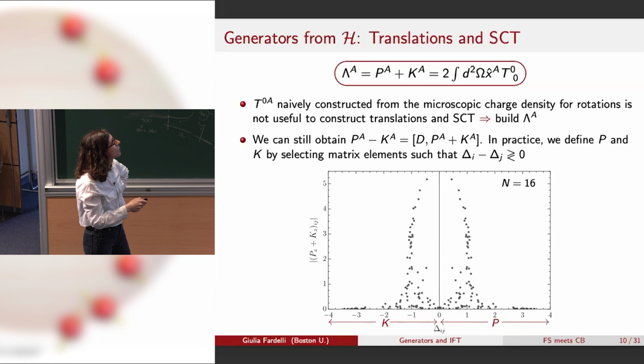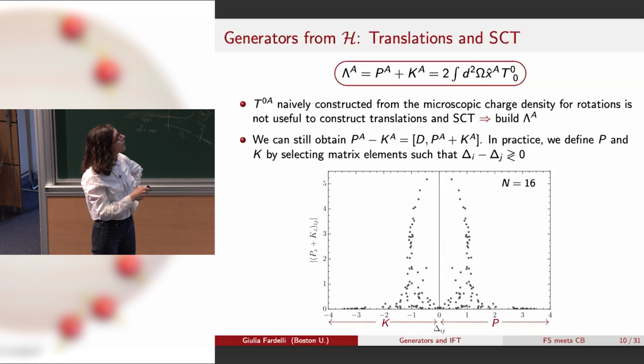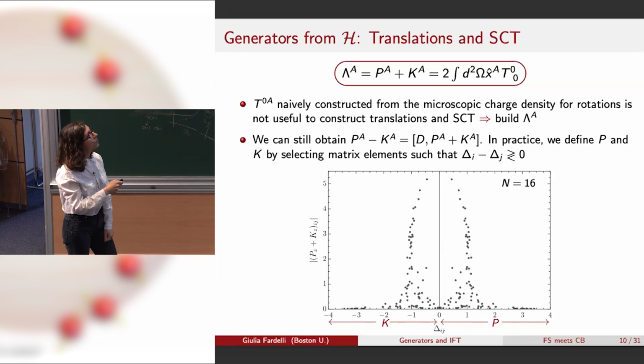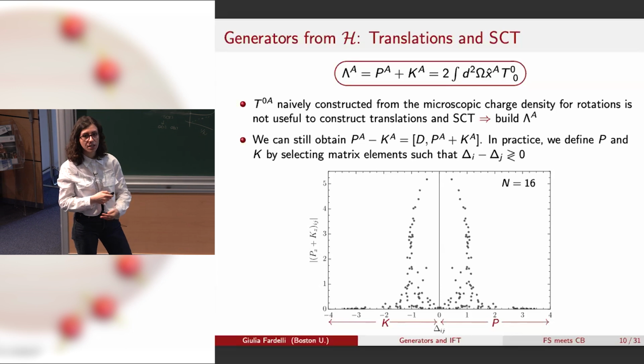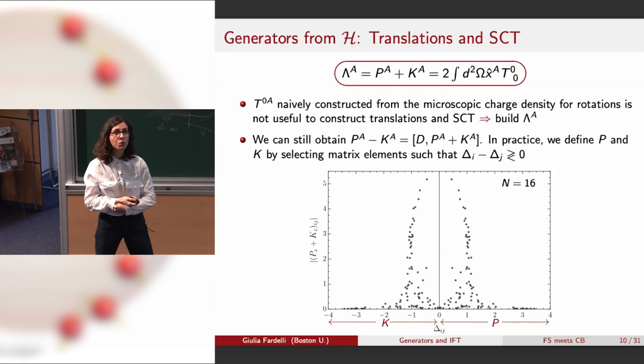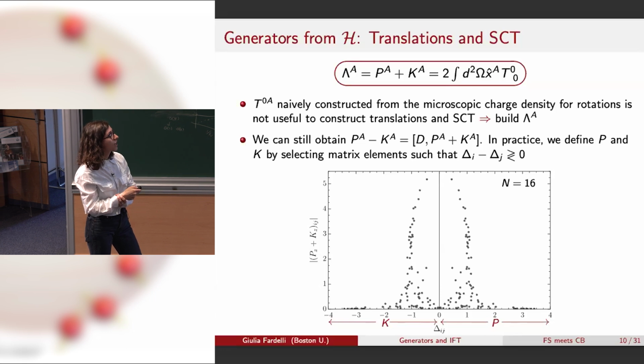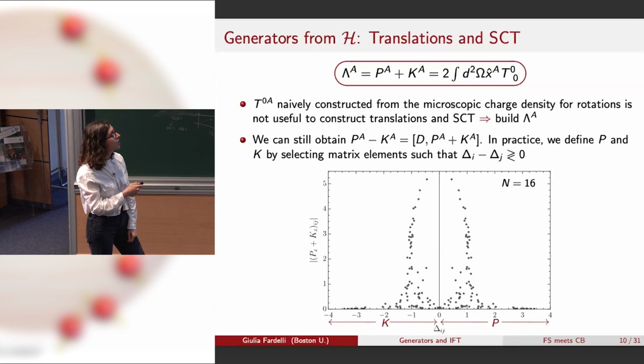This is partially also because if you were to try to write it down starting from the T0A, and use the same T0A that you are generating the SO3 rotations with, basically this result is going to give you 0. So it's convenient and also necessary to compute just the sum of PA and KA.